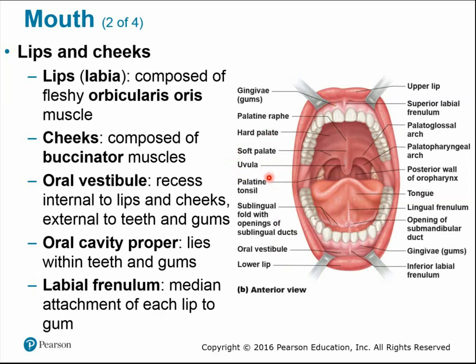The oral vestibule is the small recess that's between the lips and the cheeks, or external to the teeth and the gums. Oral cavity proper is everything that's behind the teeth and the gums in the actual mouth. And then the lips will attach to the gums via a labial frenulum. So it's just a little piece of skin that's going to attach the lips to the gums.